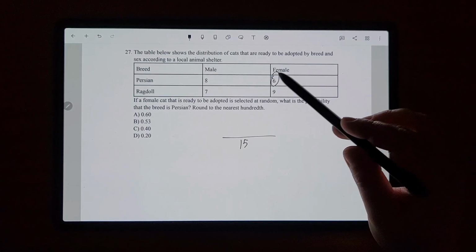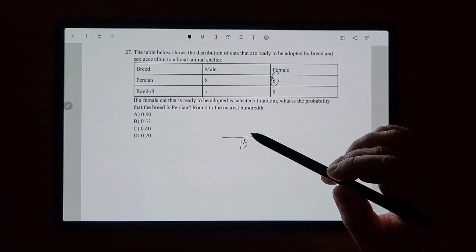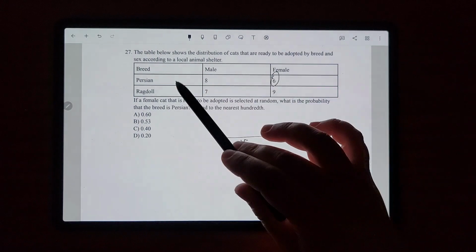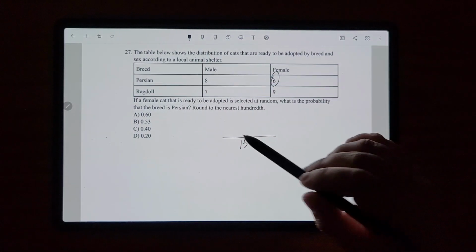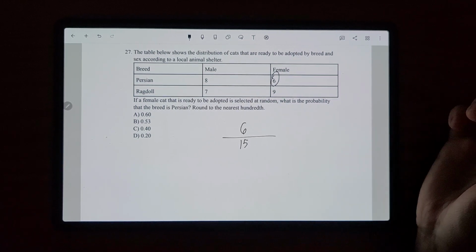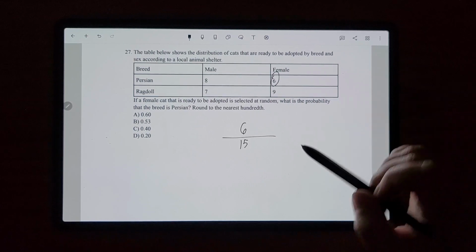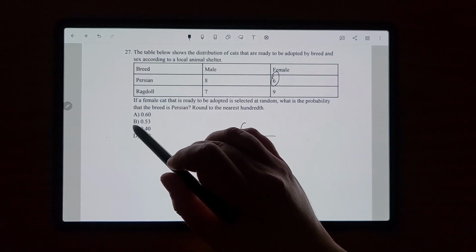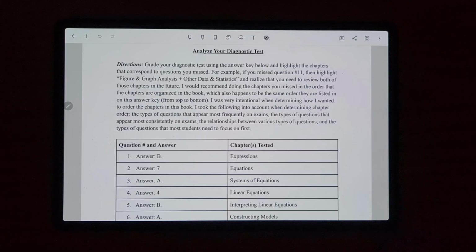There are only 6 cats that fit that criteria of a Persian female cat breed. So it would be 6 over 15. If you put 6 divided by 15 into your calculator, you're going to get 0.4, C.